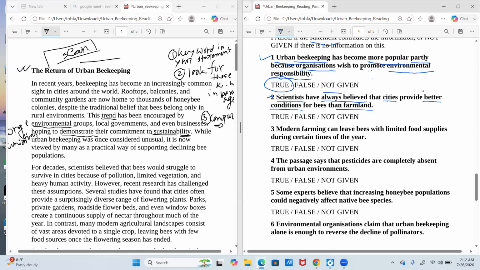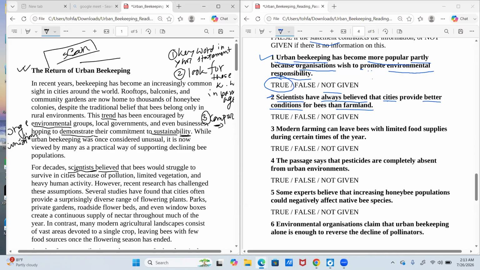That cities provide what? Better conditions. So this sentence means that the scientists have believed that the cities are better for bees than farmland. So let's look for these clues in our passage, so that we can answer. After scanning, we have found the word scientist.